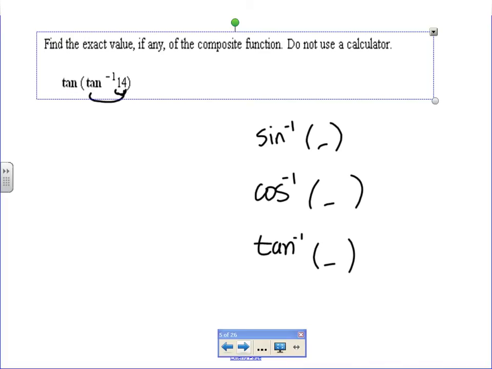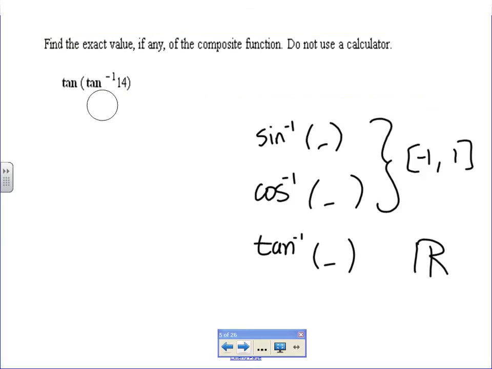So for the domain, for sine and cosine, that has to fall in between -1 and +1. For tangent, it's all reals. Okay, now we've got the value there of 14, and that's okay. So these would just cancel out, and my answer would be 14.